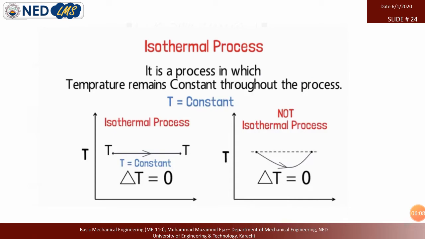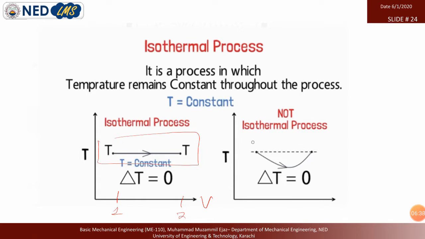An isothermal process is a process in which temperature remains constant throughout the process, not only in state 1 and state 2, like in figure number 2. In figure number 1 you can see that from state 1 to state 2 the temperature is kept constant. If we take this at a volume, the volume is increased but the temperature is constant, so it's an isothermal process.